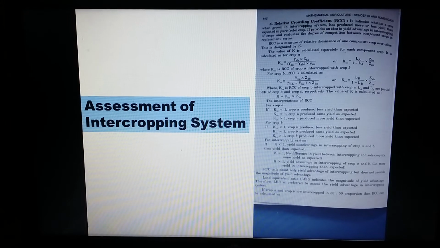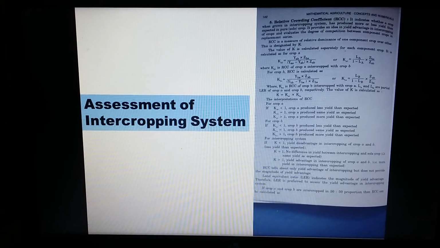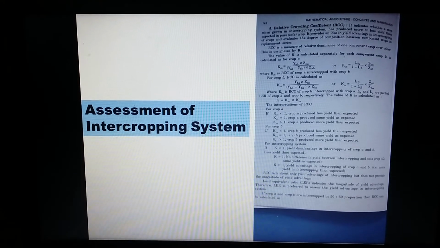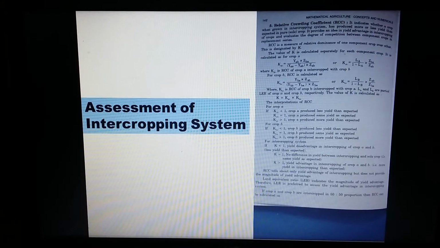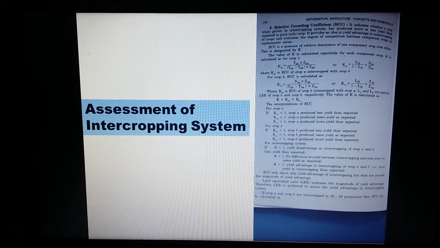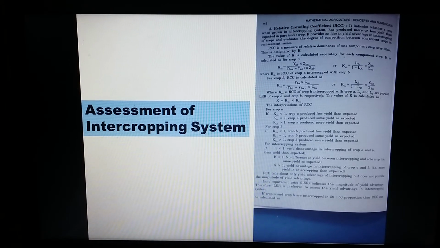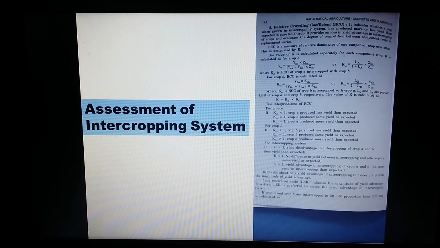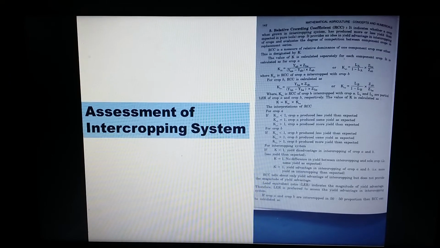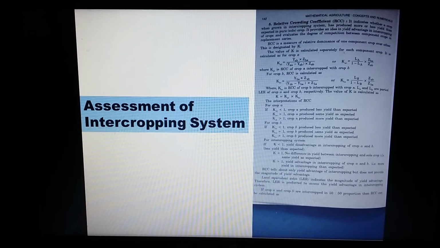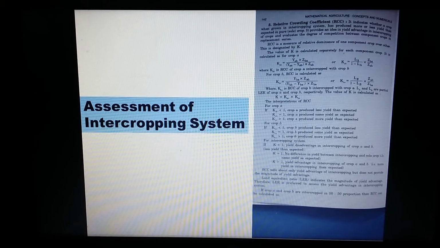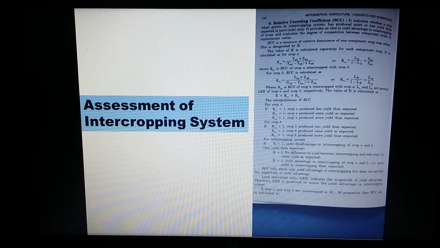Before calculating the relative crowding coefficient K, we have to calculate the relative crowding coefficient for crop A and for crop B. Suppose in an intercropping system we have only 2 crops, so we calculate the relative crowding coefficient for crop A and then for crop B, and for the system we have to multiply both.